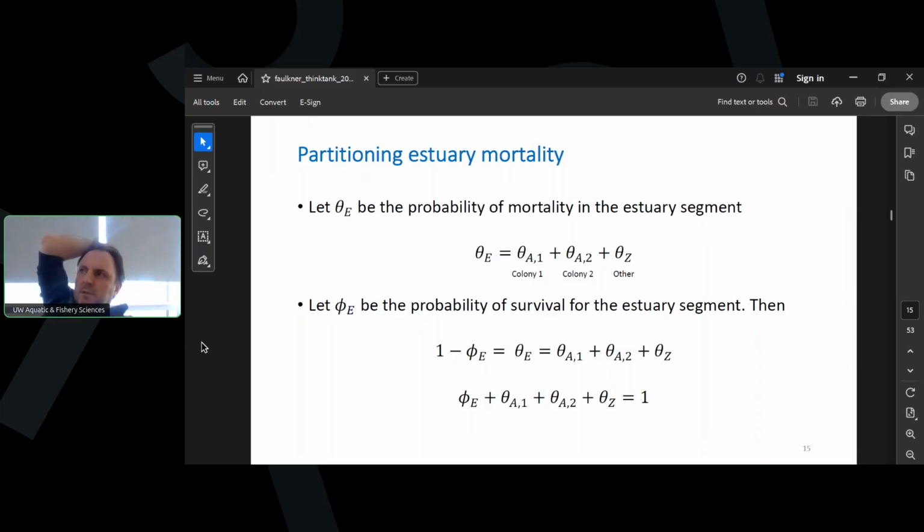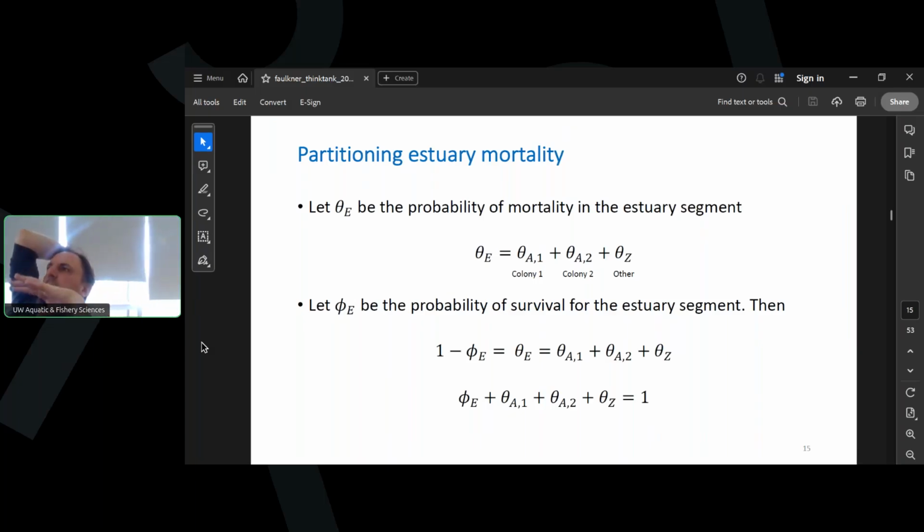If we assume that there's additive mortality, then we can separate mortality due to bird predation from colony 1, say the terns, and bird predation from colony 2, the cormorants, and then other mortality that we can't directly account for or observe, but it's there.